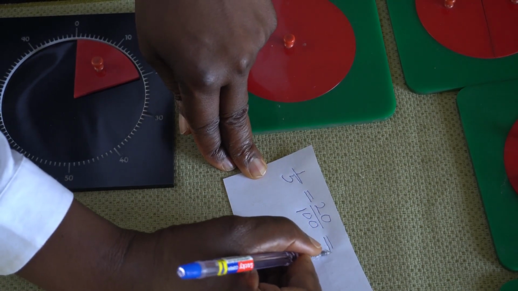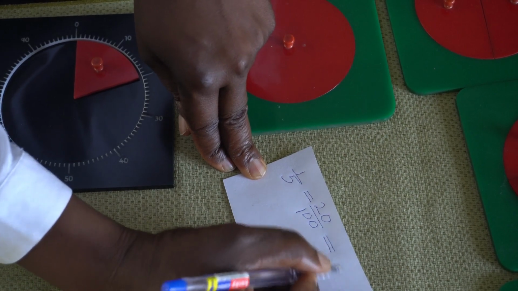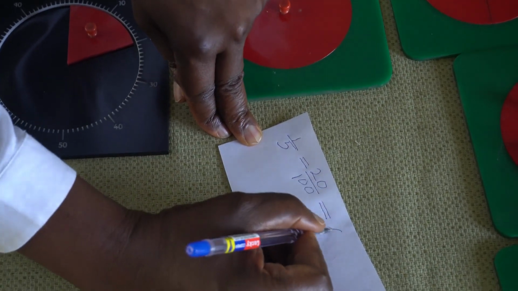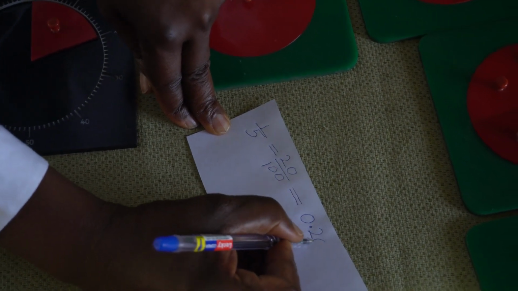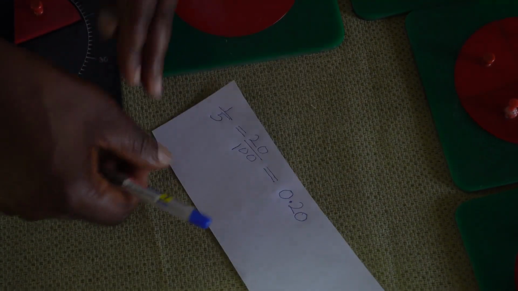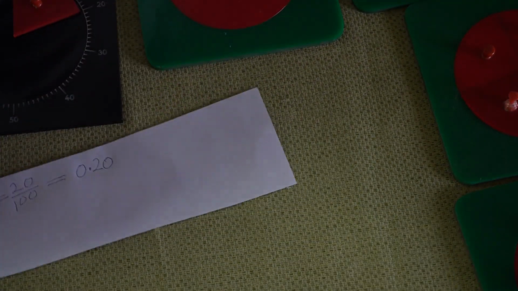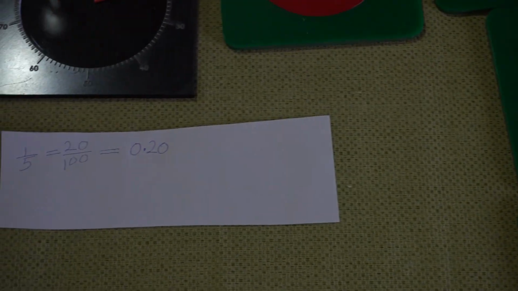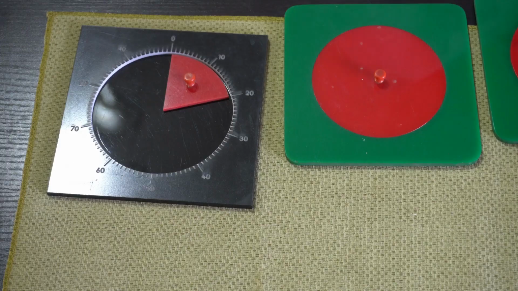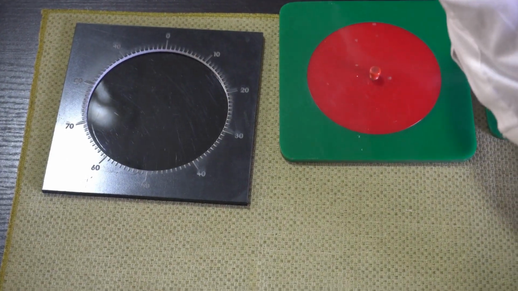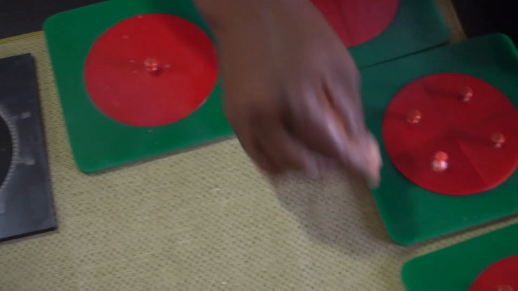And from our decimal fraction work, we know how to write 20 hundredths, don't we? 0.20. You can try some other fraction insets and find out the value in hundredths.